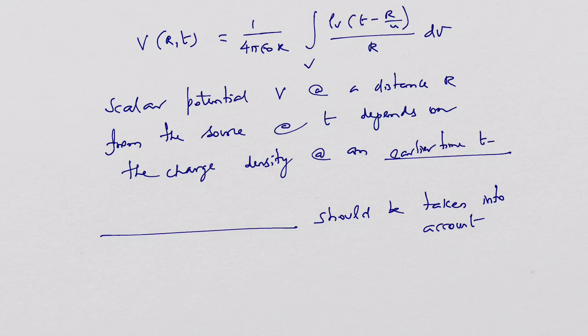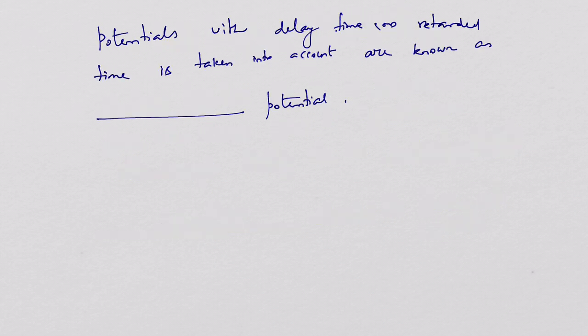It is t minus r by u, which is actually delayed by some time. So delayed time should also be taken into account. What is the amount of delay? r by u. The potentials in which delayed time or retarded time is taken into account are known as delayed potentials or retarded potentials.